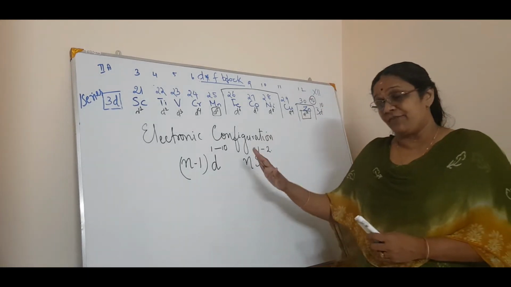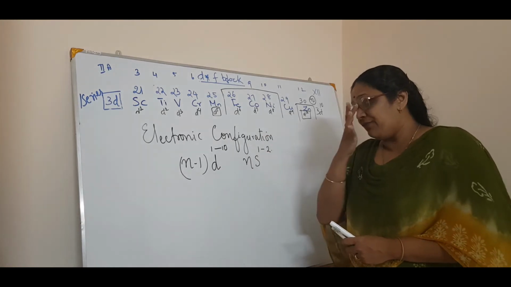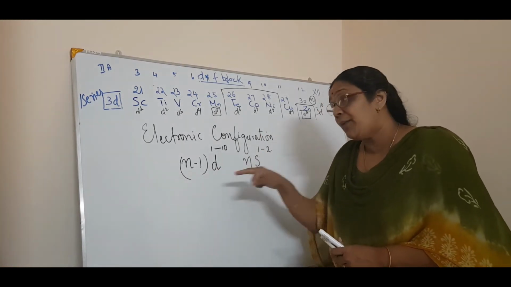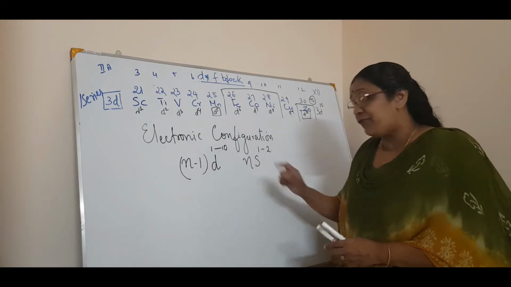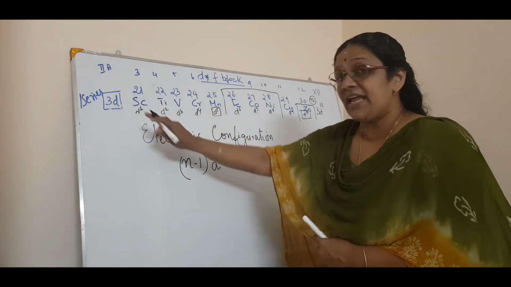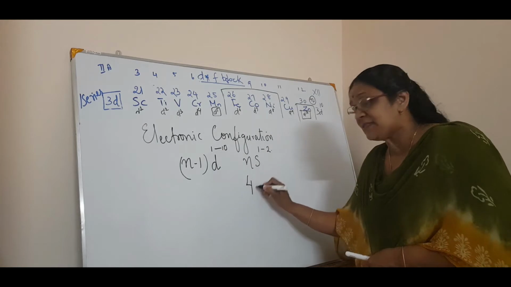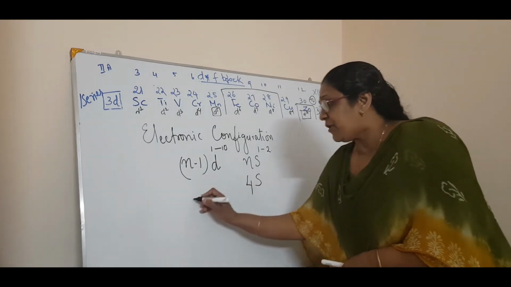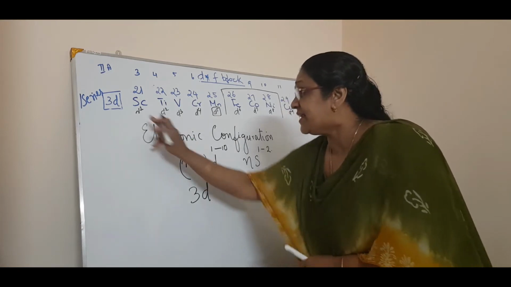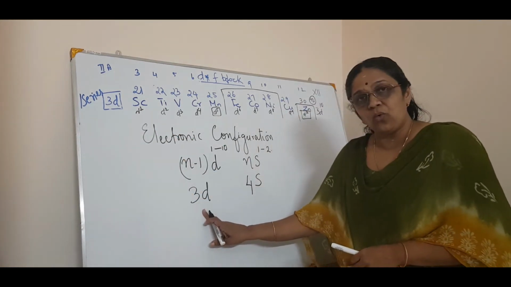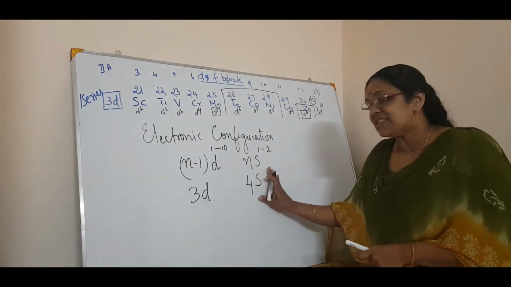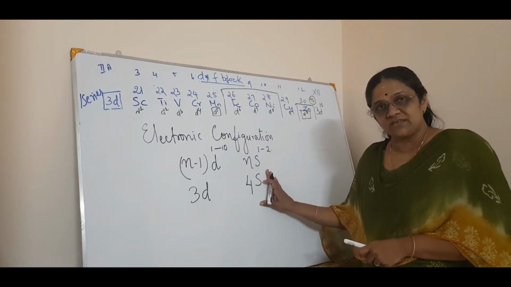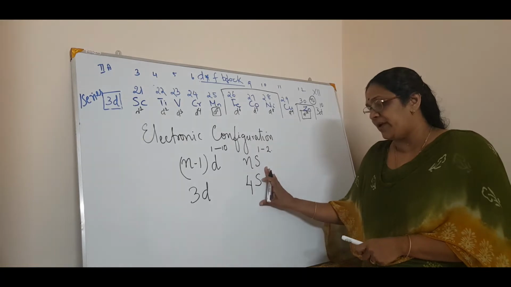We have to write the electronic configuration as (n-1)d. Why do I put (n-1)d? Because, for example, if you start with 3d, that means the principal quantum number must be 4. If it is 4s, n-1 gives you 3d. Then only the 3d starts. So the point is, you have to start only from the 4th shell or the 4th orbit.